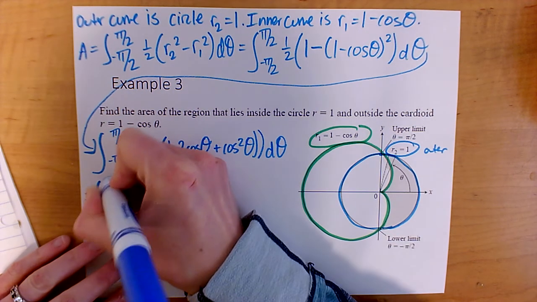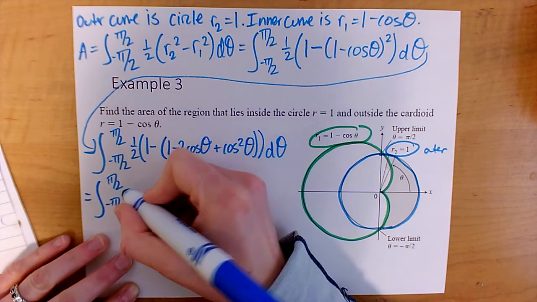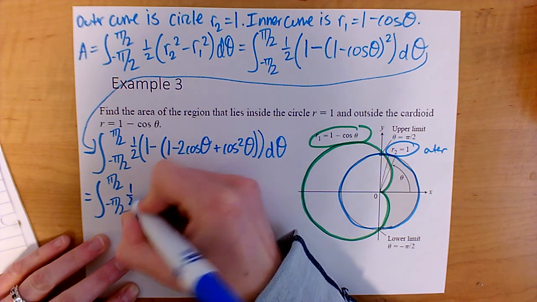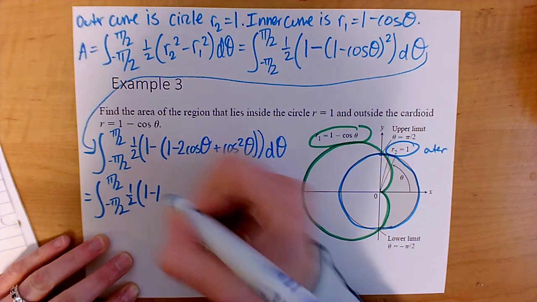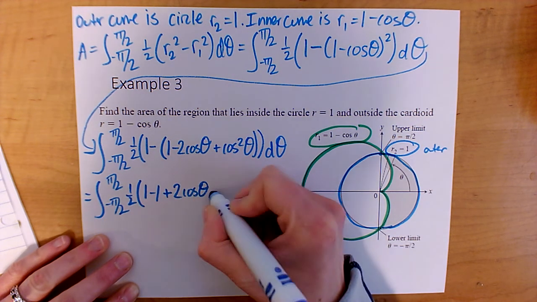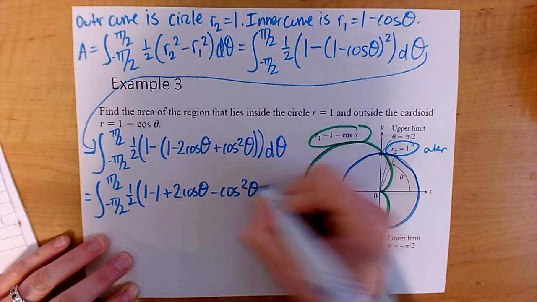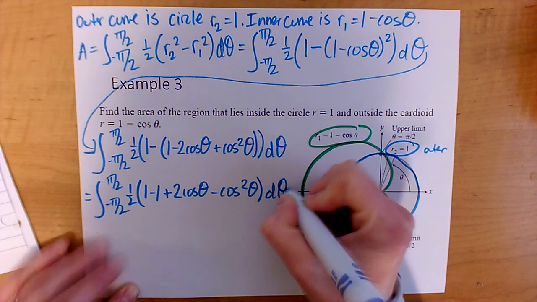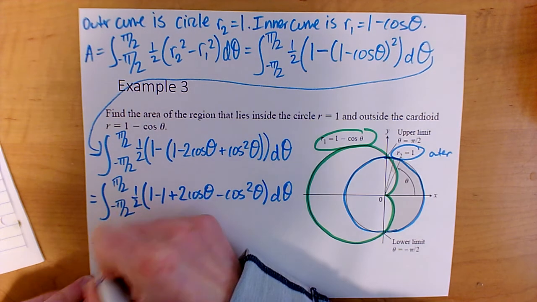So we have 1 minus 1 plus 2 cosine theta minus cosine squared theta d theta.